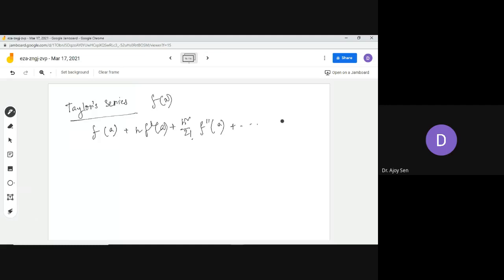In this way, you can write the Taylor series of the function f. This is the Taylor series around the point a. In the case of the Maclaurin series, you take a to be 0 and h to be x. This is the Maclaurin series.